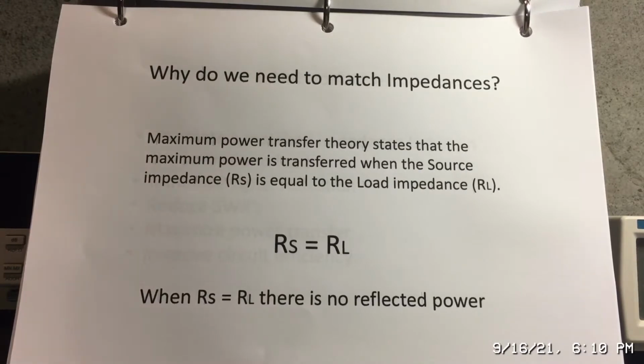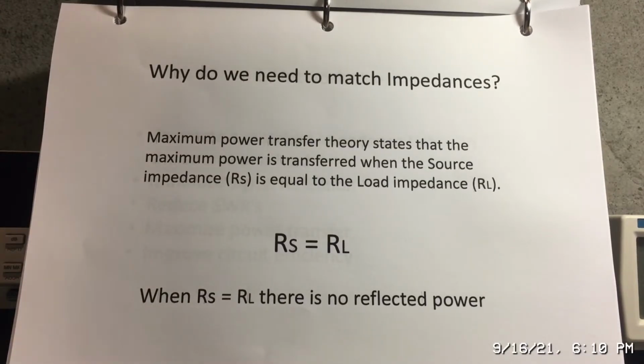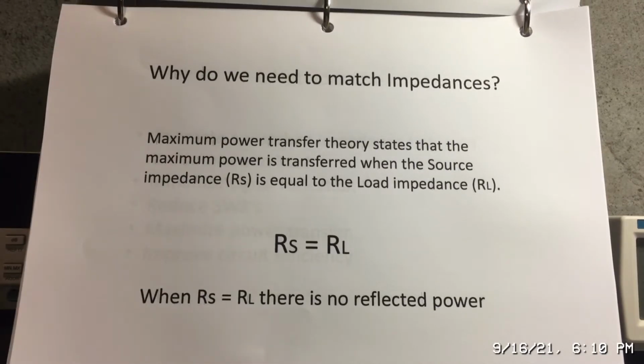For example, if we take an audio system, our load impedance or load resistance, I'm going to use both of those terms interchangeably, typically is an 8 ohm speaker. So the audio amplifier output stage has to be designed to drive an 8 ohm load so that there's no reflected power and we transfer the maximum amount of power to the speaker.